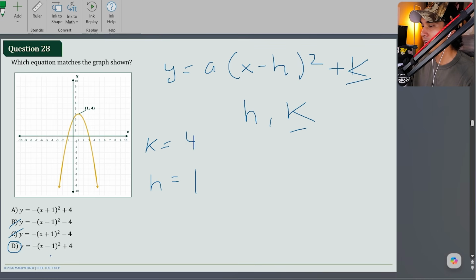We have a negative right here, okay? If it was plus 1, we would have negative 1 comma 4. But since we have a negative number, it's positive 1, comma 4. You don't do anything on the outside, but you make a switch on the inside. Okay, I will go over parabolas in depth one day.